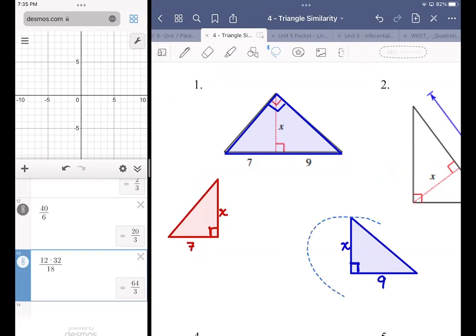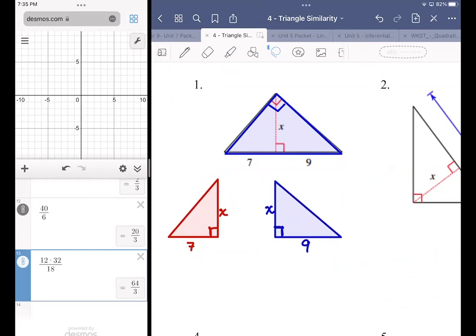Now I have these two, and I would want to think about how I could arrange these so that I would have a proportion. They need to have the same orientation. There are two ways to do that. One, I guess, is guess and check, but that's not really rigorous.